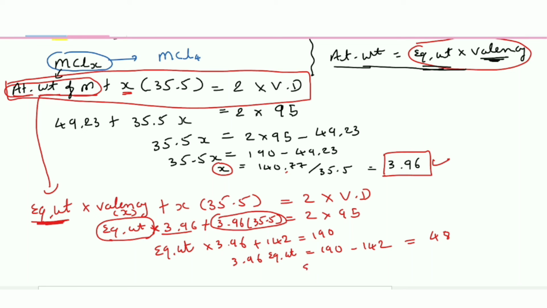So equivalent weight is equal to 48 divided by 3.96. 48 divided by 3.96 will give you an answer of 12. Twelve point something is there.